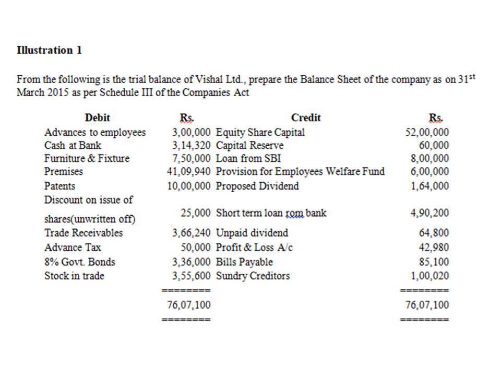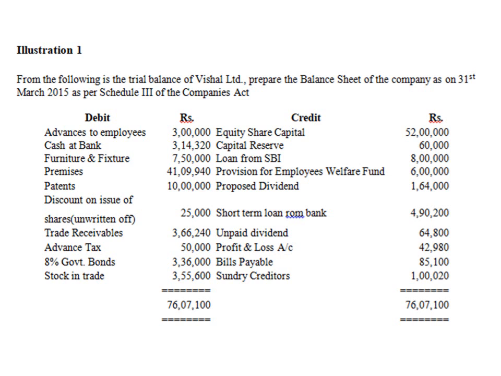Then we have short-term loan from the bank. This is a short-term borrowing which again comes under current liabilities. Unpaid dividend is also an other current liability. Then the profit and loss account credit balance is there.